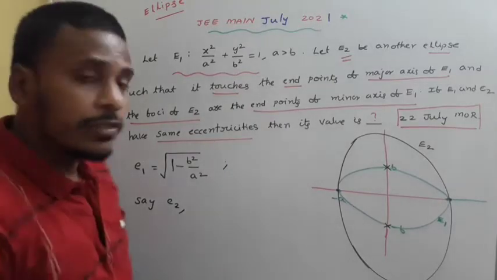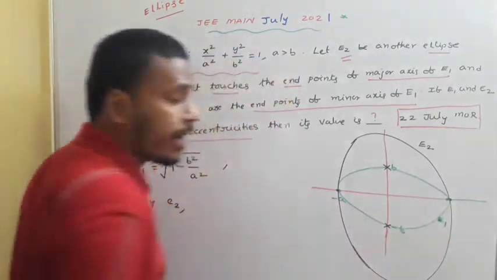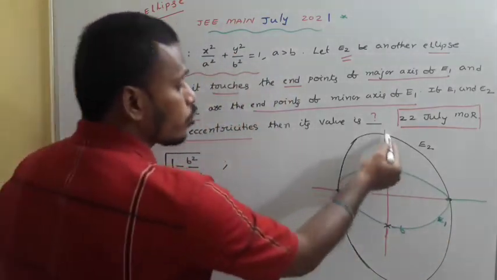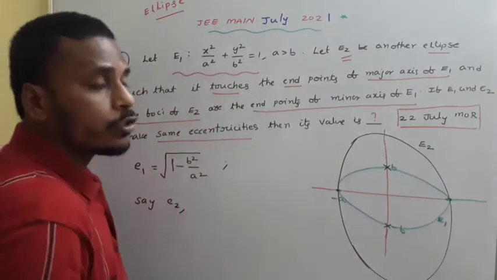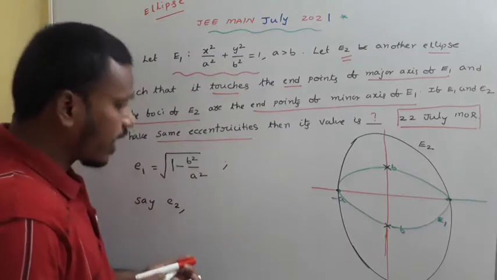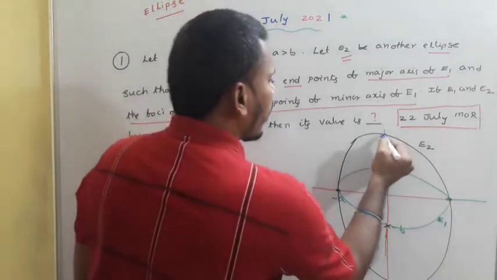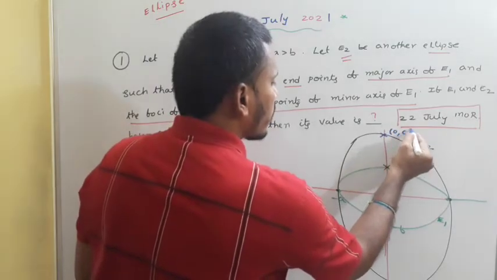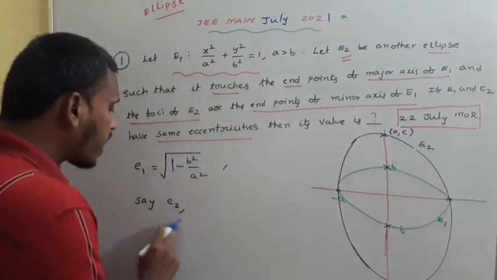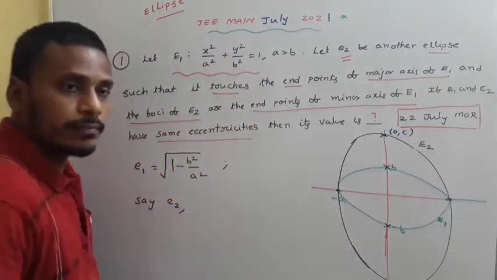For this second ellipse E2, these 2 points are the end points of the minor axis, and since these 2 are the foci as given, see, these 2 points are the end points of the major axis. Since we don't know those end points of the major axis, we just mark them as something like say 0 comma C. If this is 0 comma C and eccentricity of the ellipse is E2, then what do you say about this point?